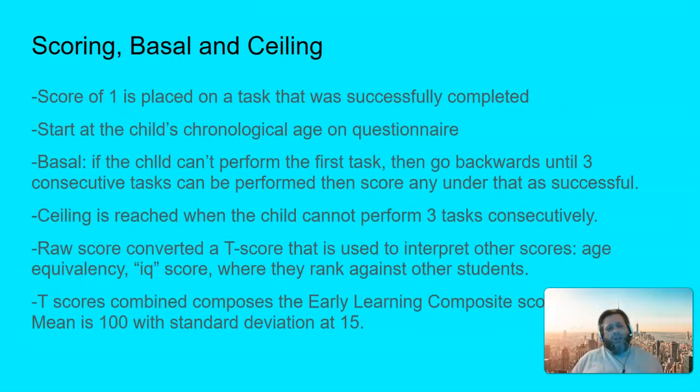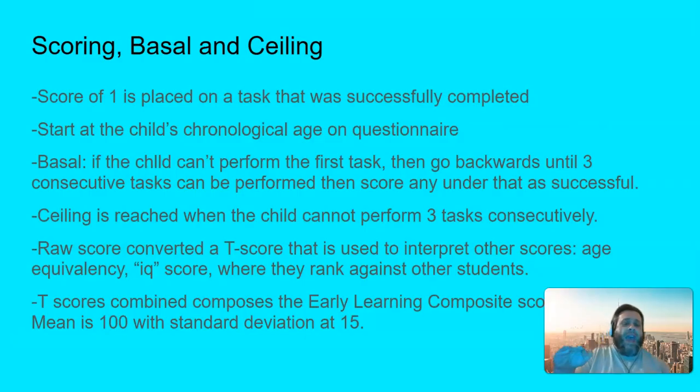So how do you score the basal and ceiling with this? It's a lot like other tests where you find the chronological age of the child and you start there. You start asking questions to establish what they call basal, where they have to have three consecutive questions answered correctly starting from their age group.